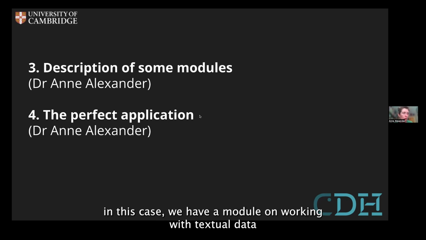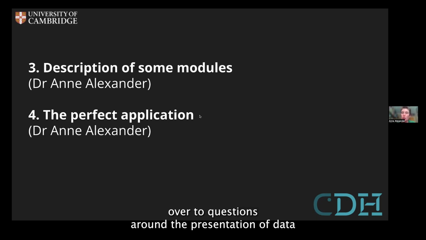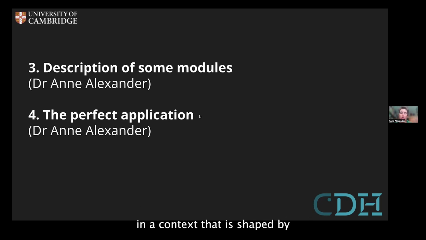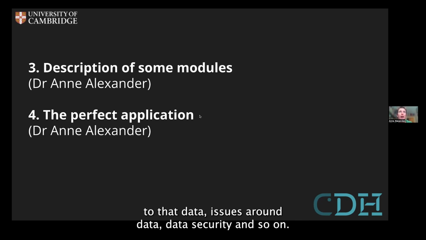In this case, we have a module around working with textual data, over to questions around the presentation of data, and then the longer term sustainability and preservation of data in a context that is shaped by the datafication of many aspects of life, and also changing context, changing situations in terms of threats to that data and issues around data security and so on.